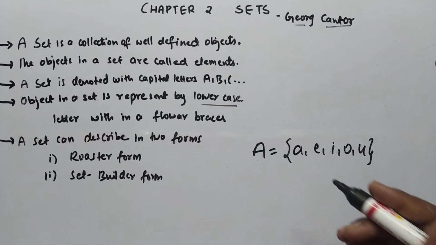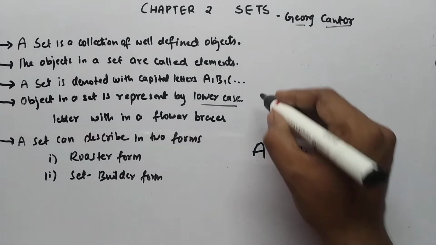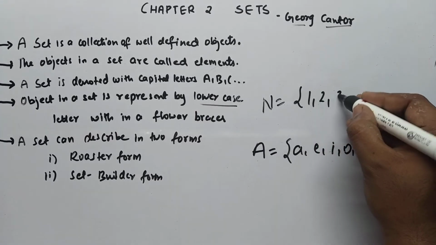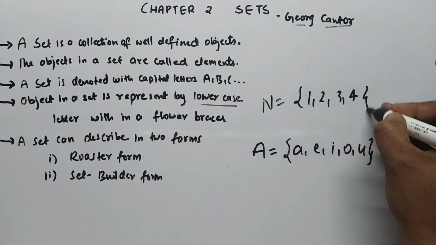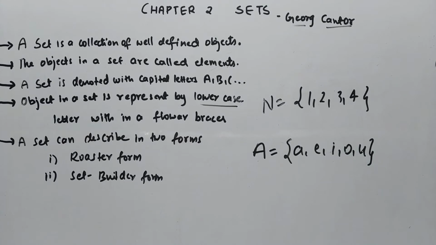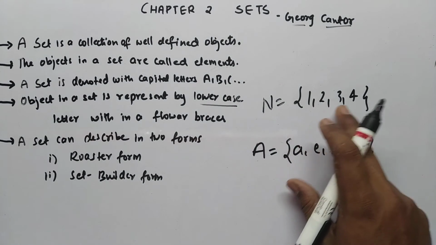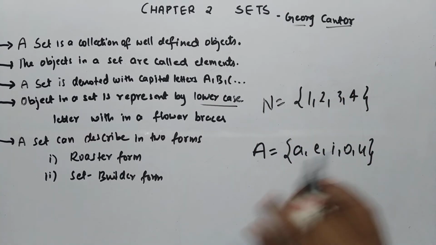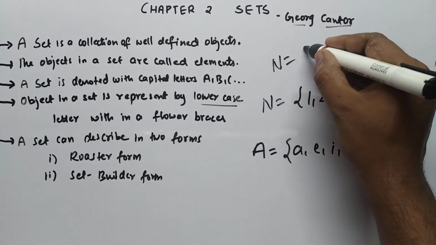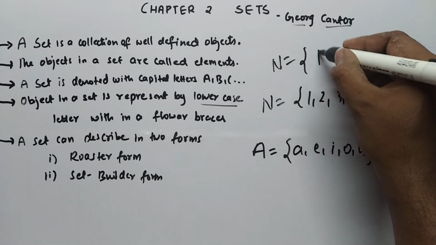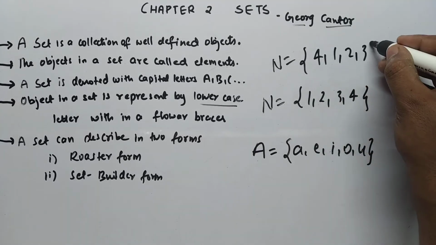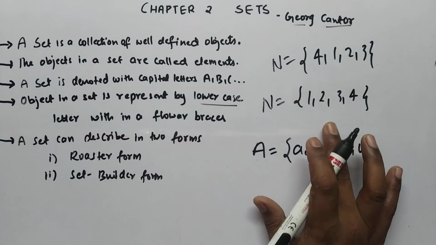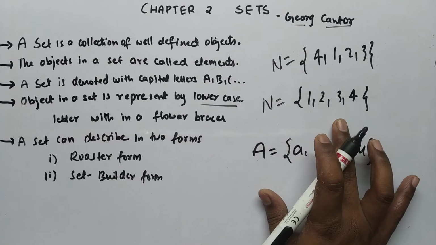If I say the set of natural numbers less than 5, we can write the numbers 1, 2, 3, 4, separated with commas. There is no condition that they should be in order. We can also write the set as 4, 1, 2, 3. There is no condition on order, but there should not be any repetition. They should be unique and distinct.